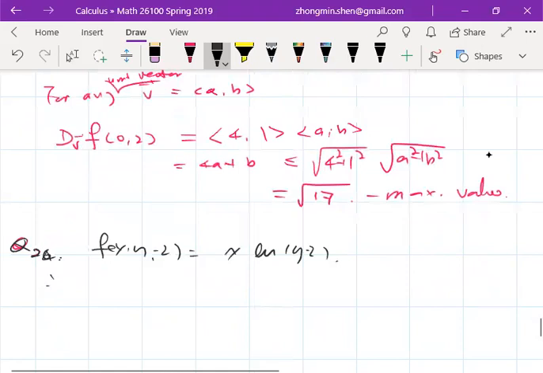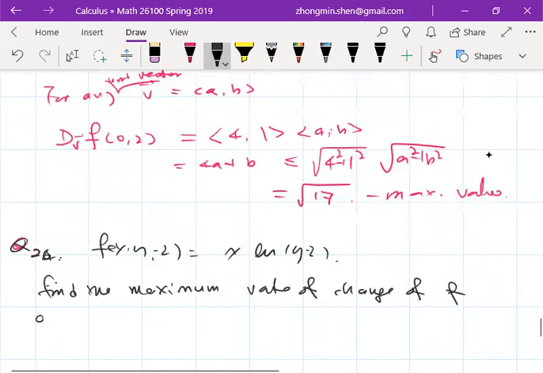The question is: find the maximum rate of change of f at the point (1, 2, 1/2), and you also have to find the direction in which it occurs.